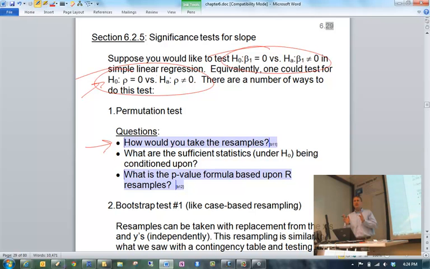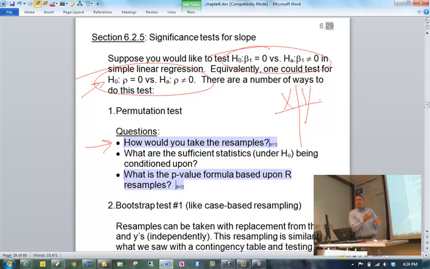You can think about them as columns and rows, I guess. So we've got X's and Y's. What we could do is resample from the X's independently of resampling from the Y's. Notice how this is very similar to what we were doing with our contingency table problems. Basically, it's the same idea because you are testing independence. We're testing independence here, but we just have different data.